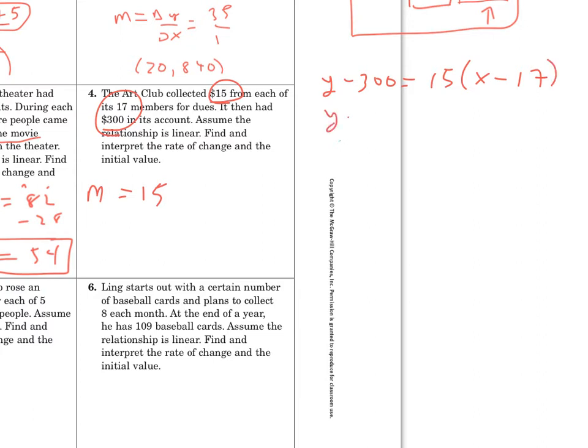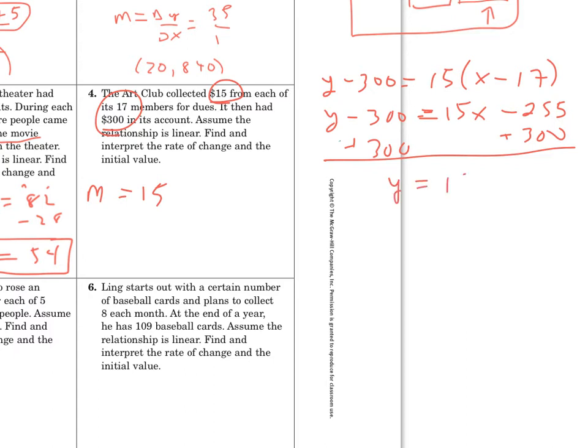And so we get y minus 300 equals 15x minus 15 times 17. $15 times 17 is 255. And then we add 300 to both sides, and you get y equals 15x plus 45.